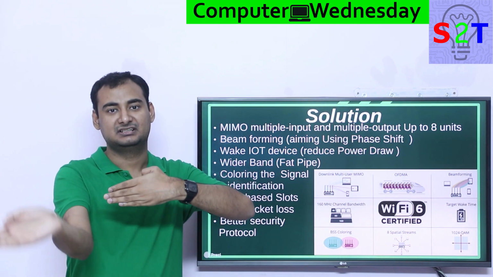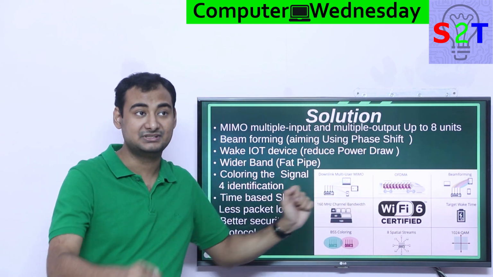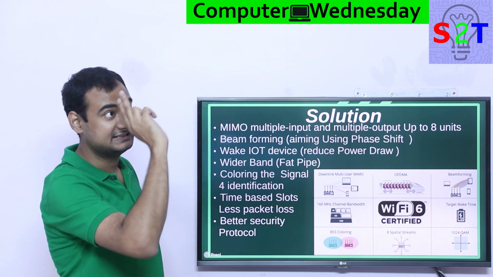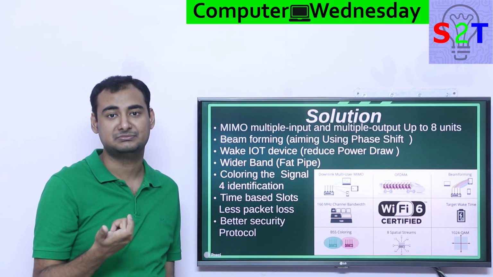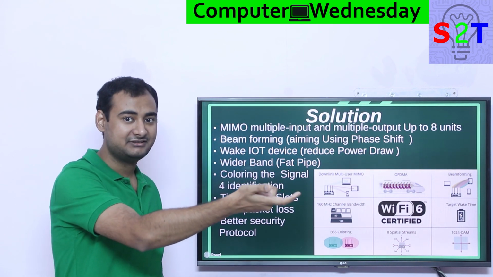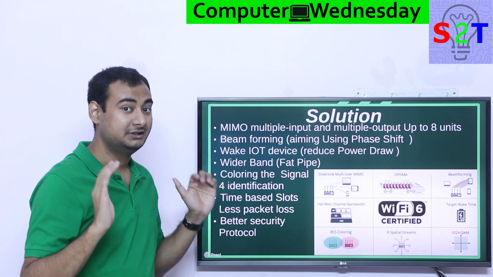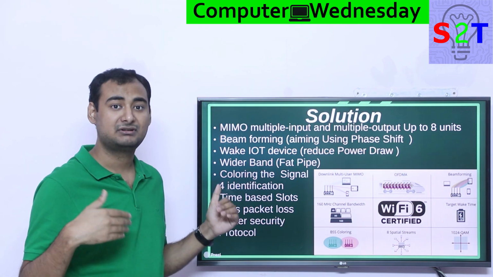You can basically aim the signal anywhere you want. Beamforming will allow you to send the signal exactly in the direction of the mobile phone. It's not going to send it here or there. If you take a signal strength meter, you get like 80% at that device. If you go left or right of it, it will be like 20%. So awesome. It reduces interference, improves signal integrity, and does not require much new power.